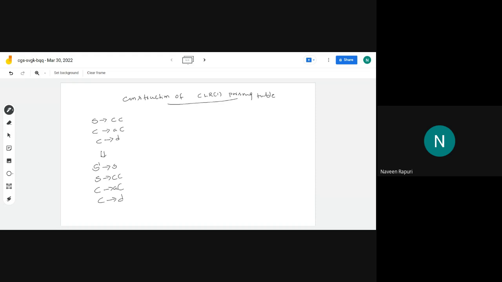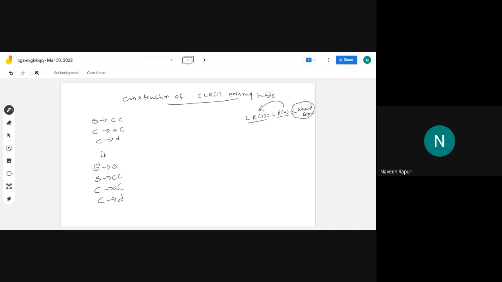LR(1) means LR(0) plus look ahead symbol. So by adding the look ahead symbol to the LR(0) items, we get the LR(1) items of the DFA. That is the only difference.